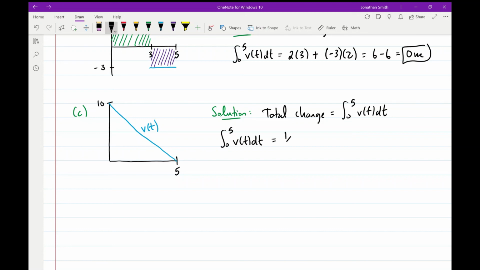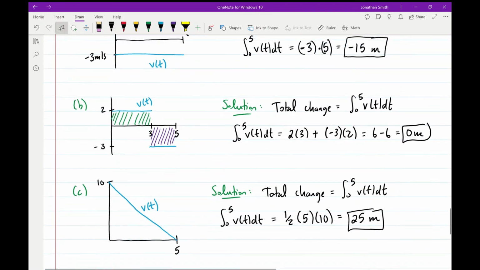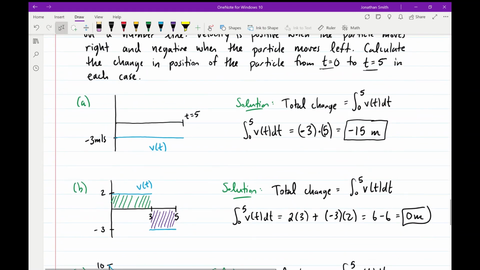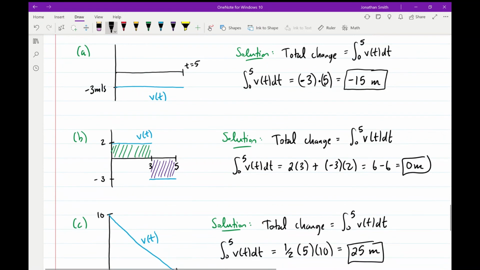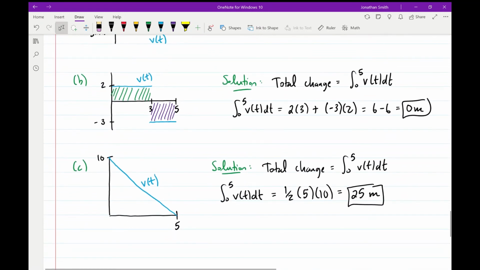And we get that the area is 1/2 times the base, which is 5, times the height of the triangle, which is 10, and this gives us 25 meters. So at the end of 5 seconds, the particle is going to end 25 meters to the right of where it began. And I don't know if I said this in the first case, but for part A, since we got -15 meters, the particle is going to end 15 meters to the left of where it began at time equals 0, wherever that was.